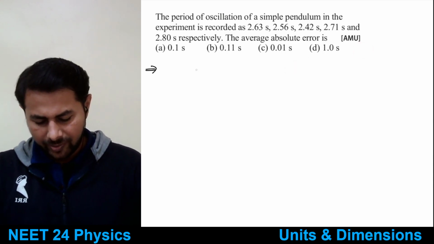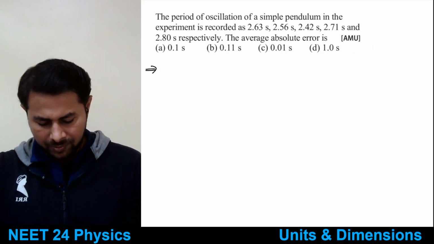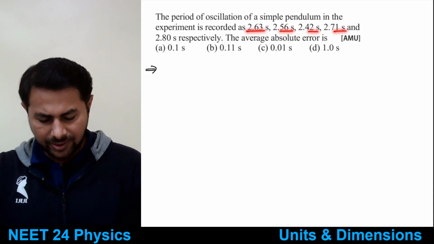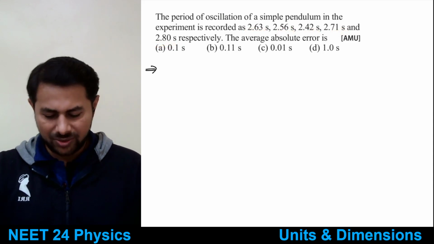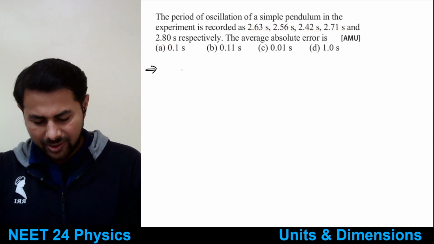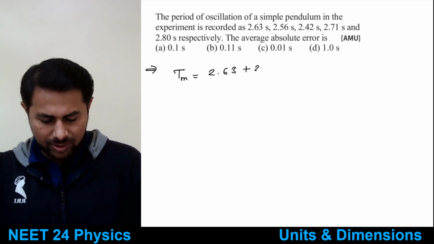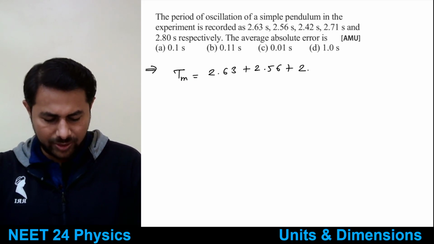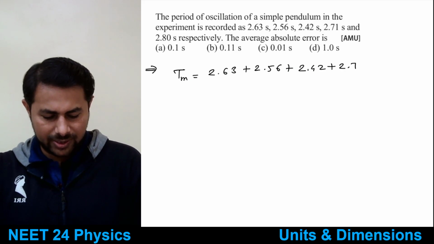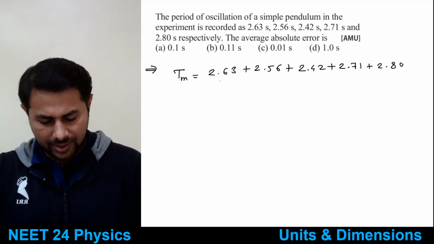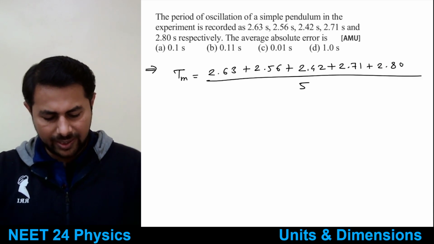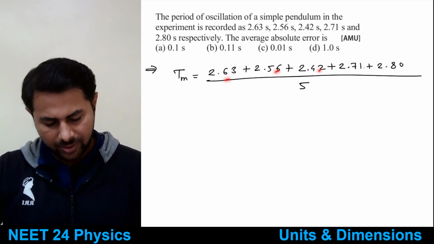So tell me, what will you do first? These are n measurements. What you need to do is find out their mean. So mean time period is equal to 2.63 plus 2.56 plus 2.42 plus 2.71 plus 2.80, divided by n, where n is equal to 5, I guess: 1, 2, 3, 4, 5, right?